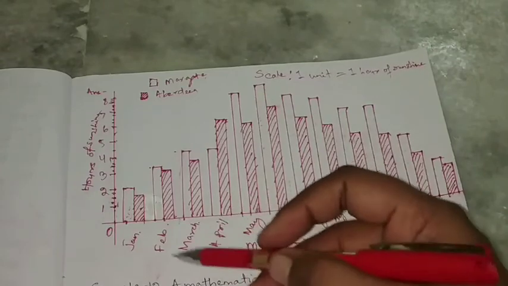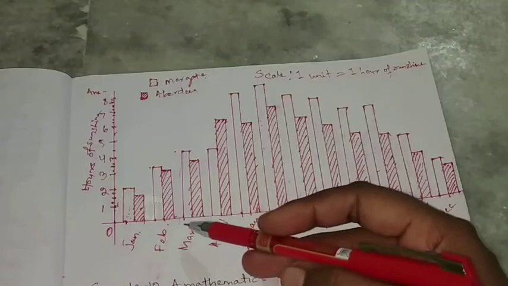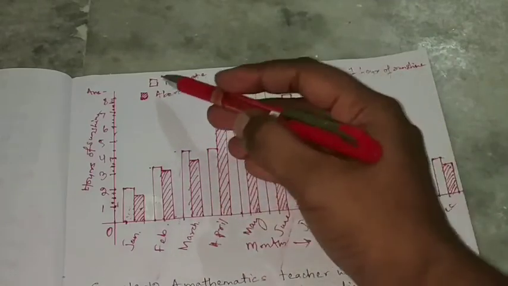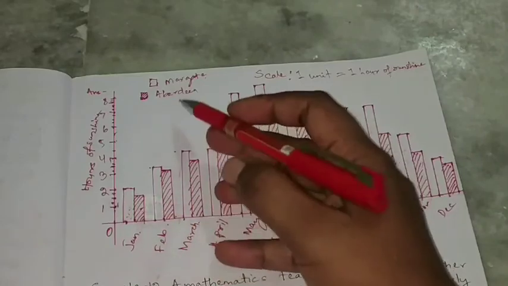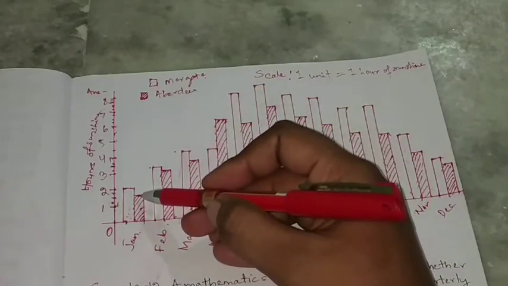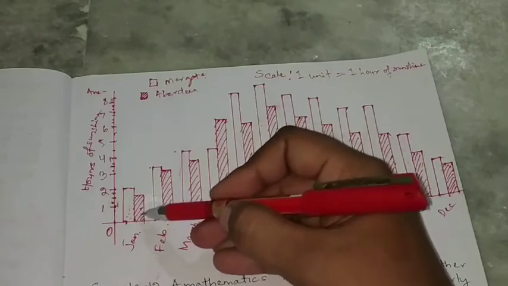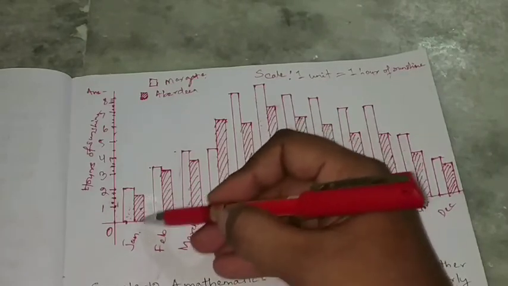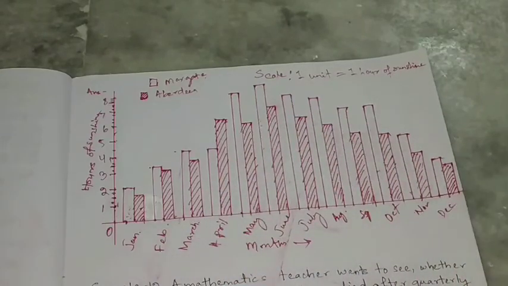So you have to maintain the gap and mark the 2 bars differently. So for Margate I have kept the bar blank, and for Aberdeen I have kept the bar marked with slash mark, like slanting mark I have given. So like this you can make a double bar graph.